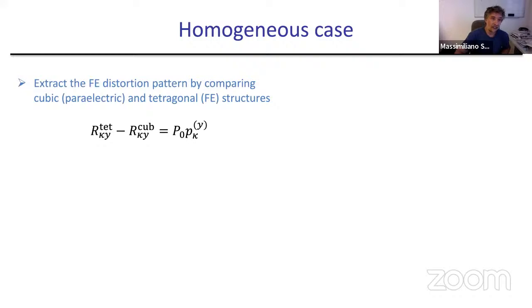In the homogeneous case, things are pretty simple and actually quite well established, in the sense that people have been doing this in many different ways in the past 20 or 30 years.